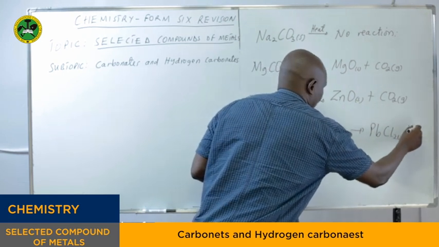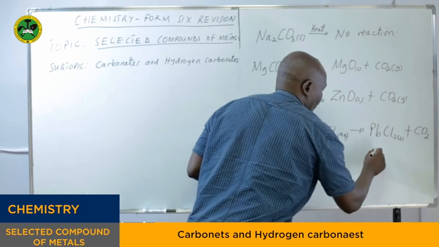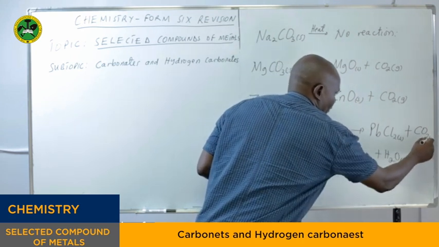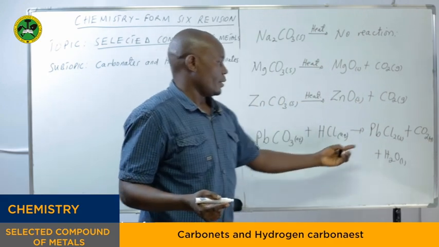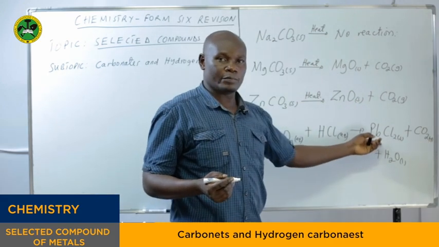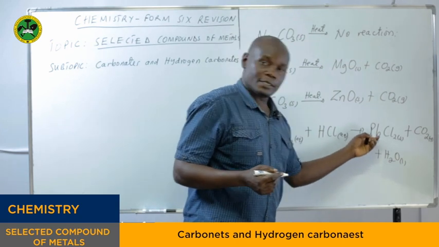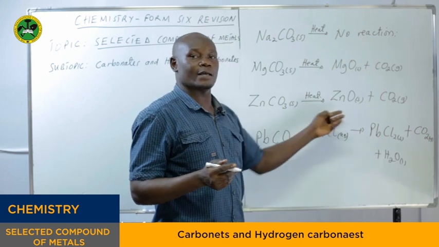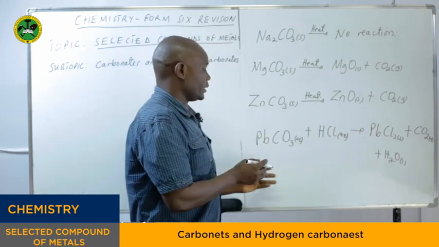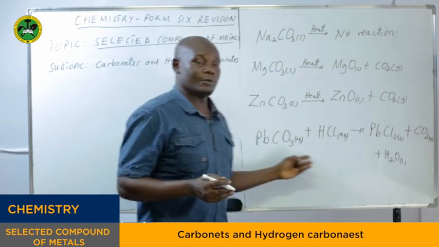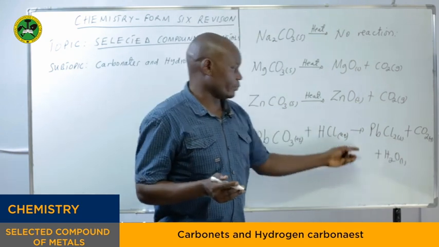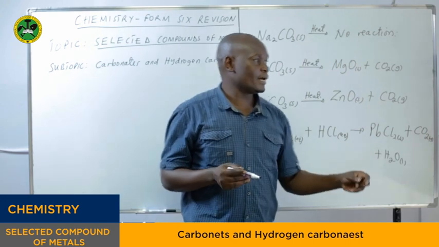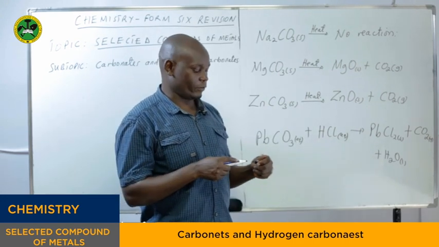Then the other products are carbon dioxide and water. I know you remember this lead chloride formed is very tough, a coating layer that prevents further reaction. So those are explanations that you have to give, and then you write the chemical equation that will support those explanations.